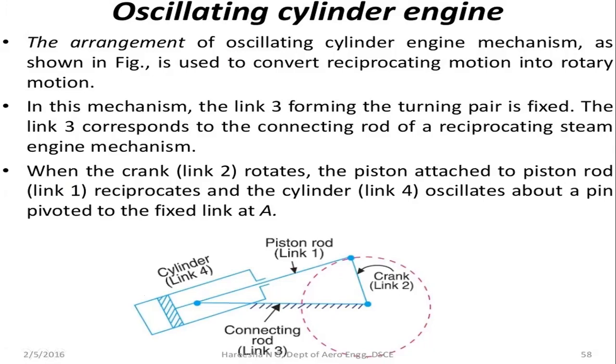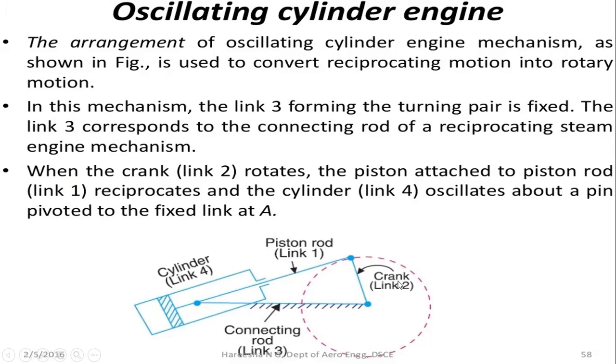And the cylinder, which is link 4, oscillates about a pin pivoted to the fixed link at A. So this is the forward and backward movement of the piston, which is connected to the piston rod. This is the mechanism observed here.